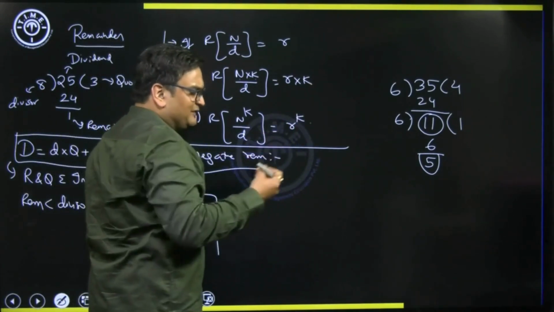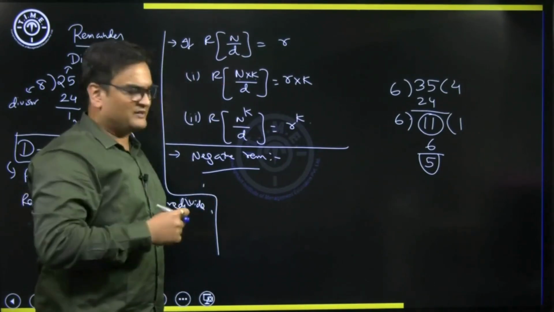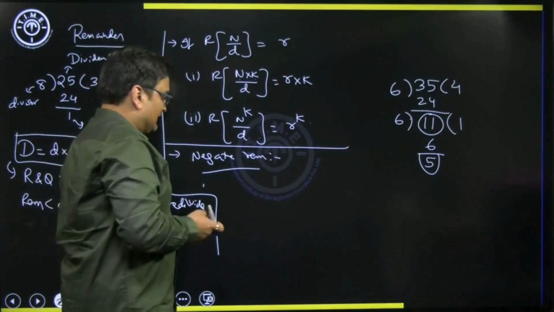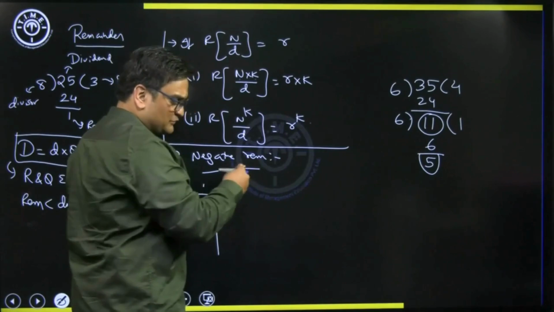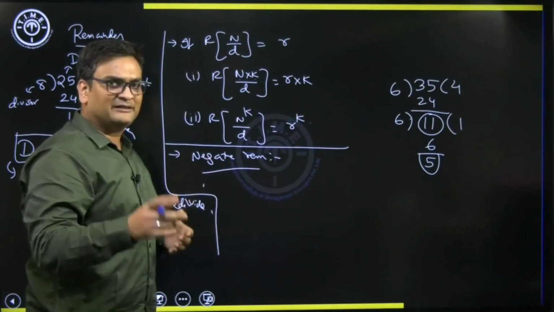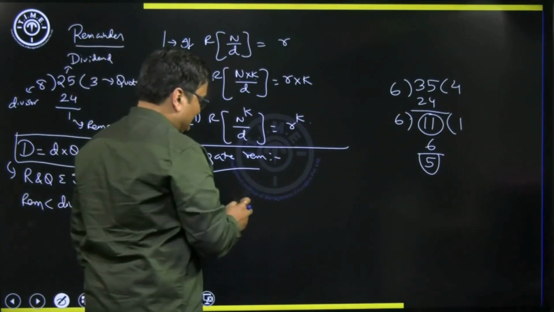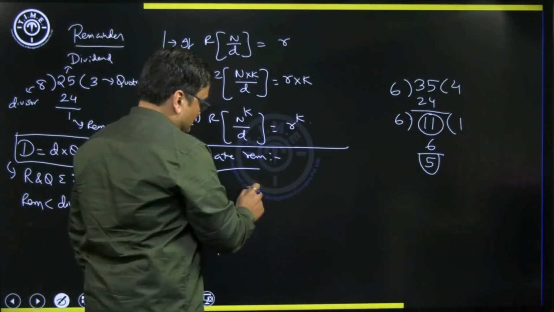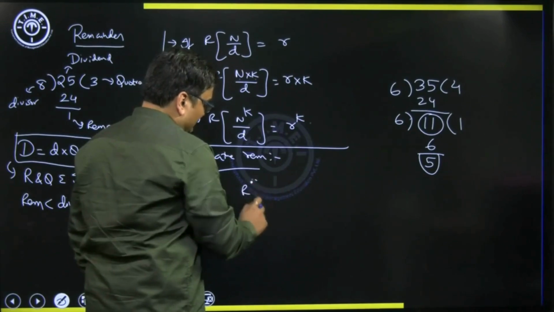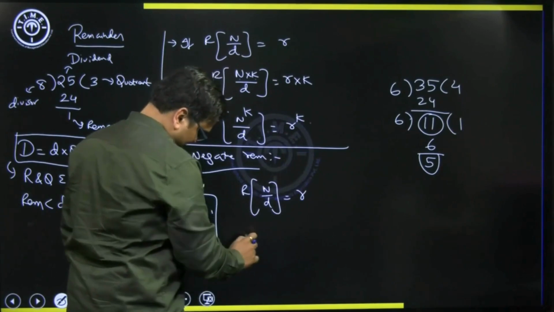Sometimes for our convenience, we convert the positive remainder to a negative remainder and then solve the question. I will not give examples right now; I am just going to give you the process of converting a positive remainder to a negative remainder. Examples I will give in the subsequent videos. So, if the remainder when n is divided by d is r, suppose it is a positive remainder.